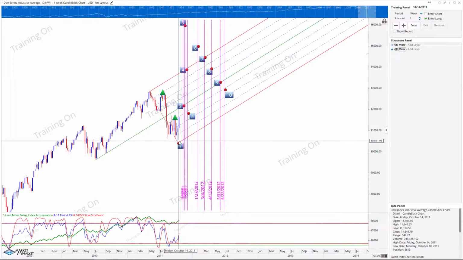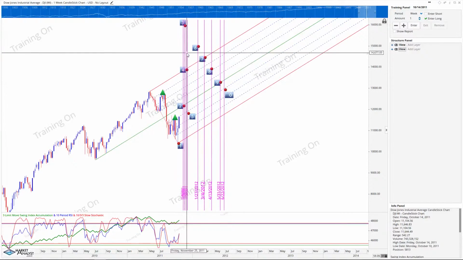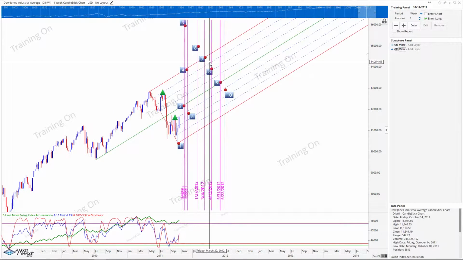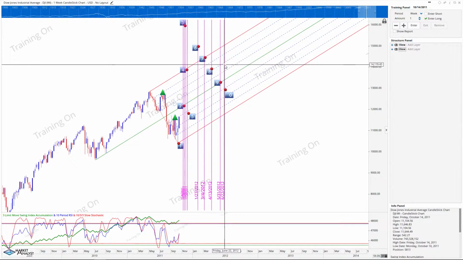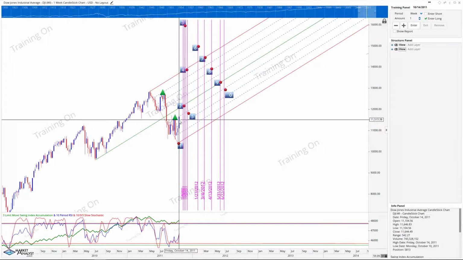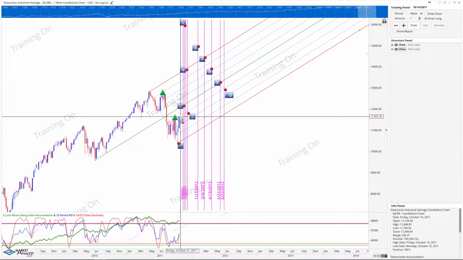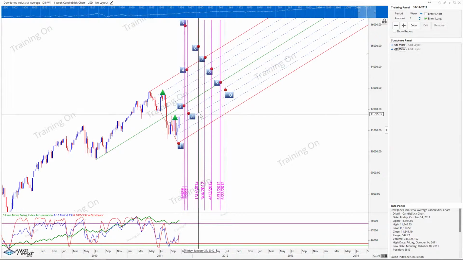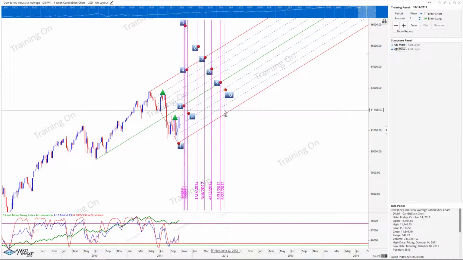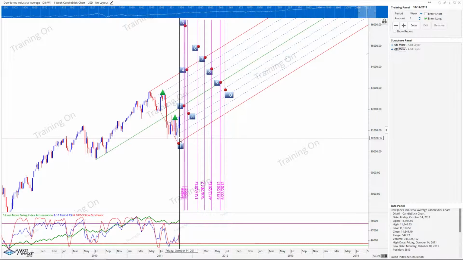And then we drew our events out into the future. We actually drew it on Friday, October 14th, the first time that we could draw this whole pitchfork, because we got a higher high and we did our confirmation and it looked good. So then we did our projections out into the future, from October 14th, 2011.